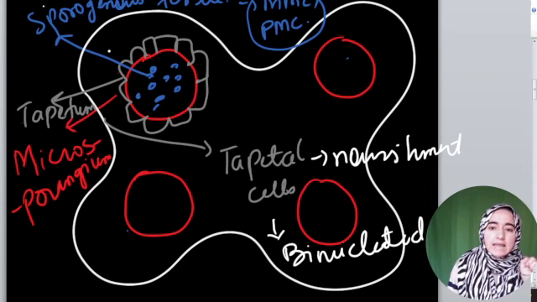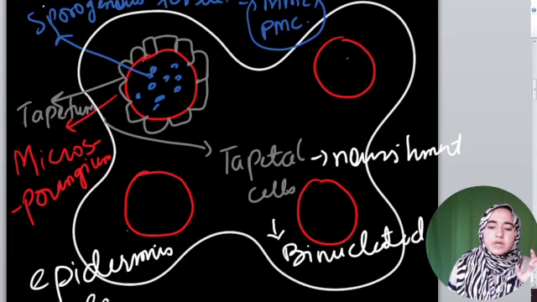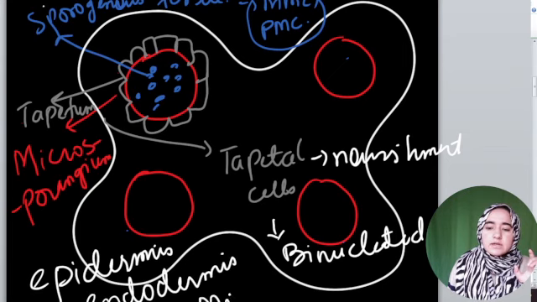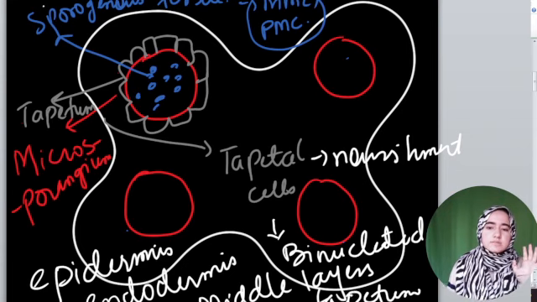The outermost layer of the microsporangium is known as epidermis. After epidermis, we have one more layer known as endodermis. Then we have middle layers, and after the middle layers we have tapetum. I hope this concept is clear.